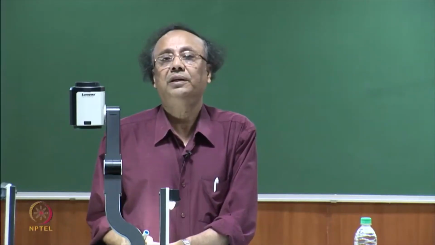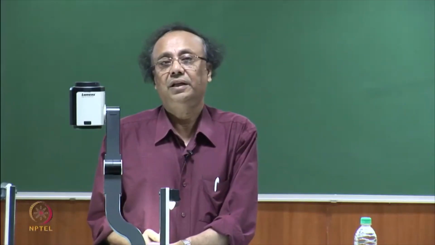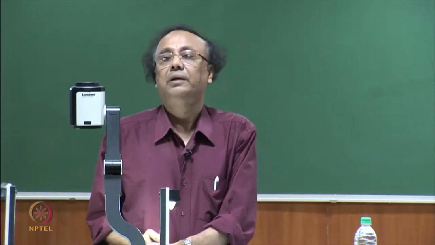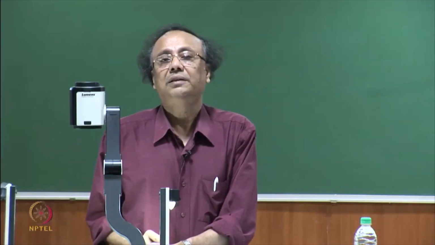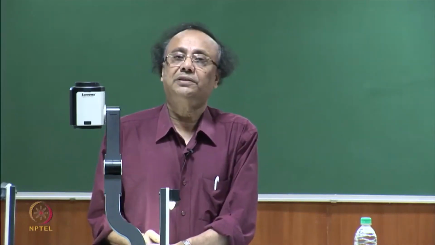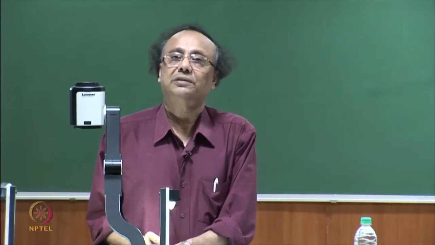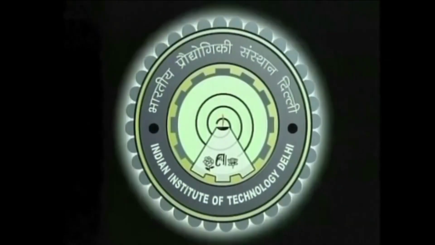Also today we have seen how to look at an interval estimation for a parameter given a sample x 1, x 2, ..., x n. In the next class, I shall start the last chapter of statistical inference, namely testing of hypothesis. Thank you.